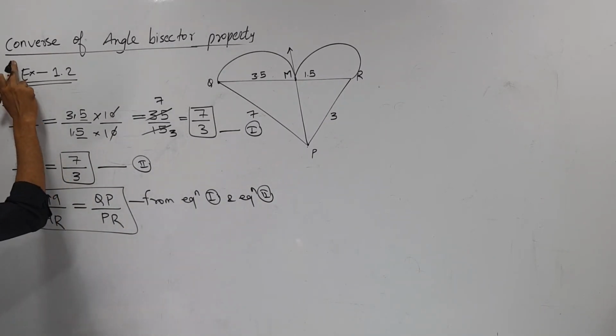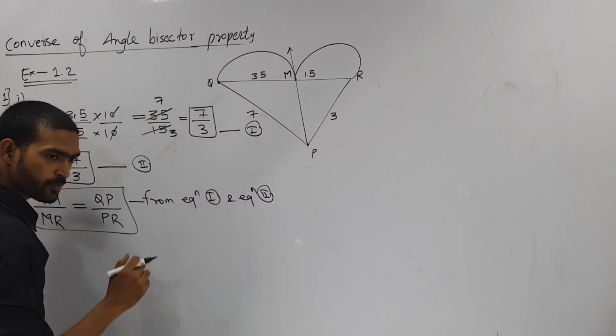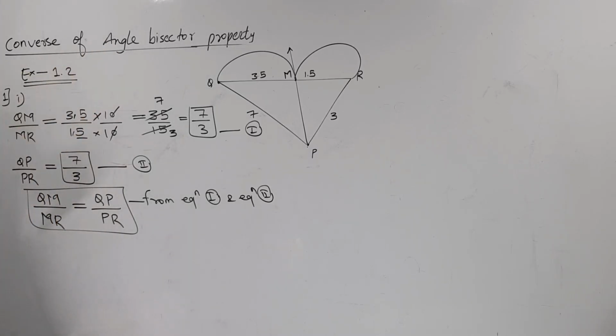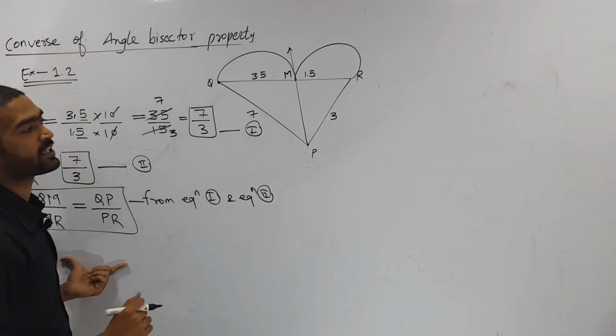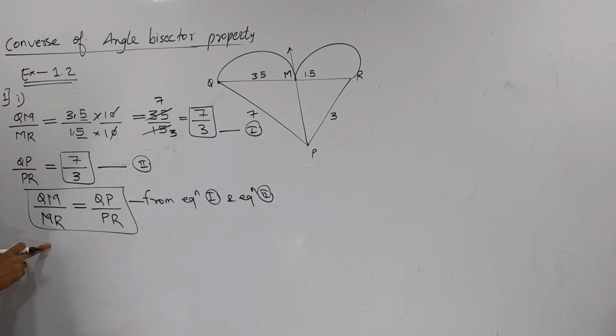Now we'll write here converse of angle bisector property. Now we'll use this property. Since ratios are the same, therefore it is an angle bisector.